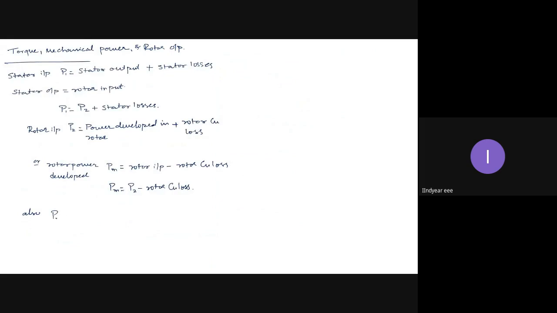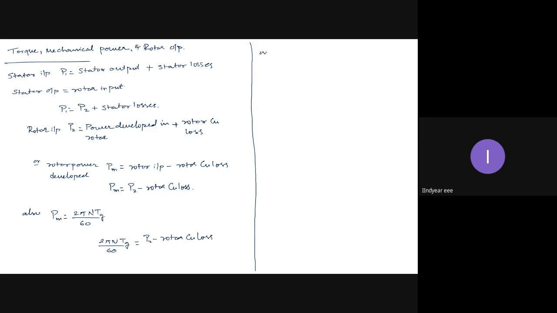Therefore, 2 pi n Tg by 60 is equal to P2 minus rotor copper loss.